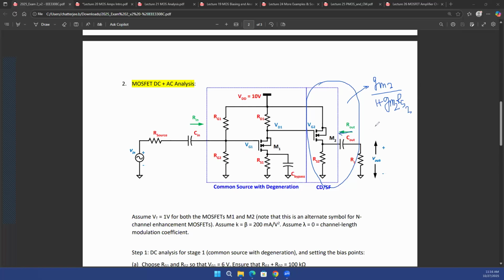Let me write that down: Rout equal to 1 over gm2 in parallel with RS2. In this case, you can actually calculate the exact value as well. But if 1 over gm2 is much smaller than RS2, this will be almost equal to 1 over gm2.